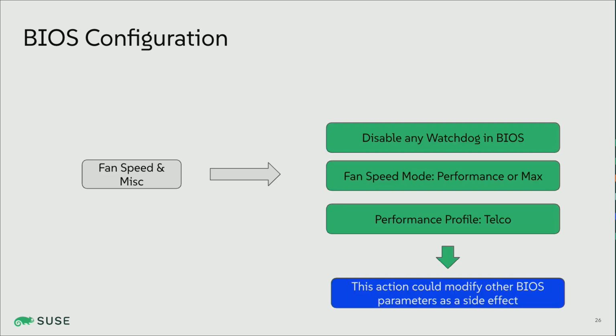One of the most important parts, in my opinion, and after testing in the environment, we discovered that the fan speed that I explained before was important. But also, the telco profile is really useful when you don't know how to start tuning the system. So at the beginning, my recommendation is to start using the performance profile that most hardware vendors are enabling, because it's a good starting point.